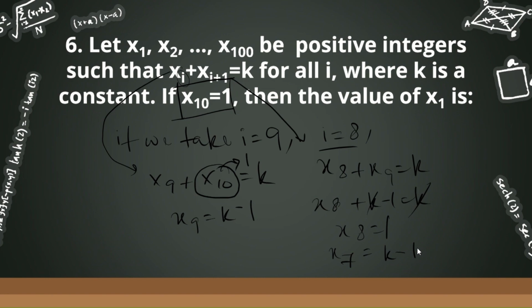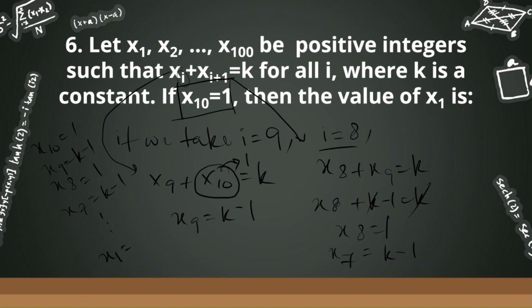Now notice one trend. We are getting x10 equals 1, x9 equals k minus 1, x8 equals 1, x7 equals k minus 1. So this is a repeating trend: 1, k minus 1, 1, k minus 1, and so on. If we follow this trend down to x1, what should it be?